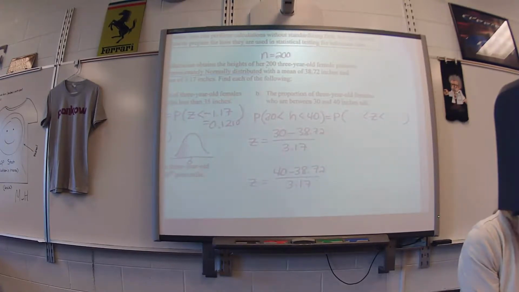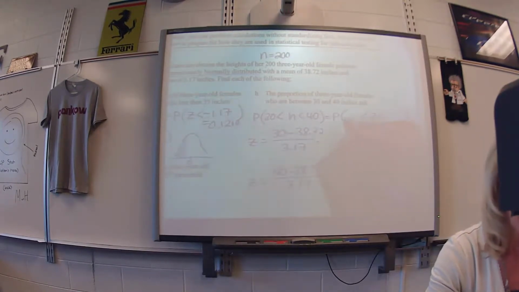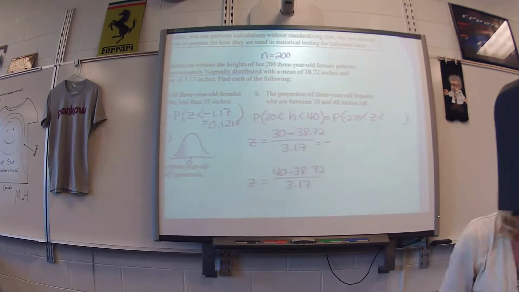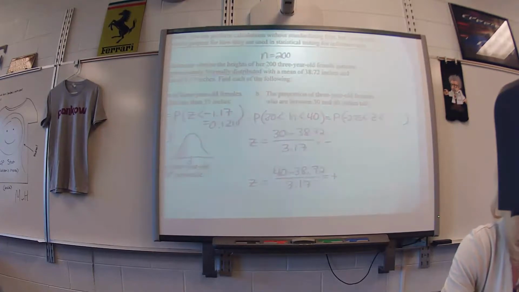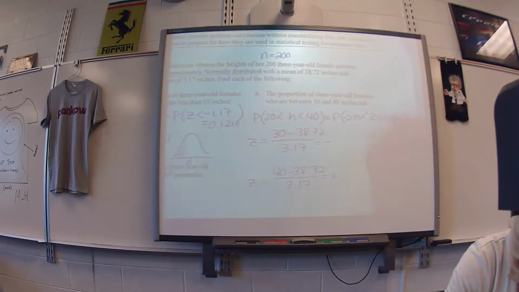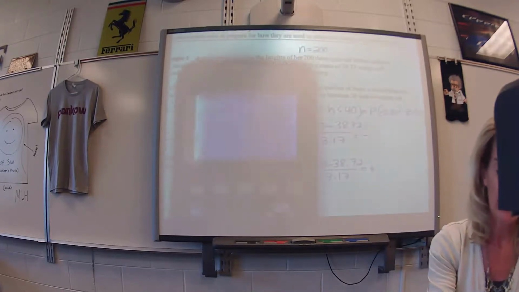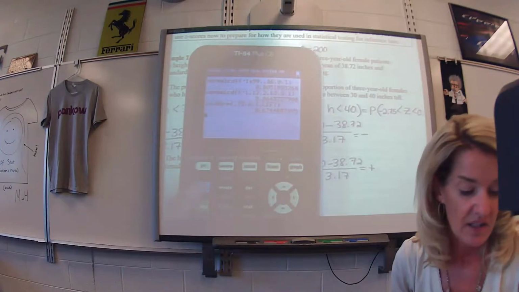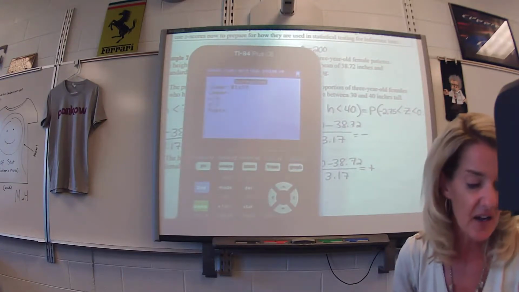So what do I have for those Z-scores, just to save us some time? I have this comes out to be negative 2.75 because that one is below average. This one is above average, so that came out to be 0.40. All right, I'll go back to my 84. Distributions, normal CDF.